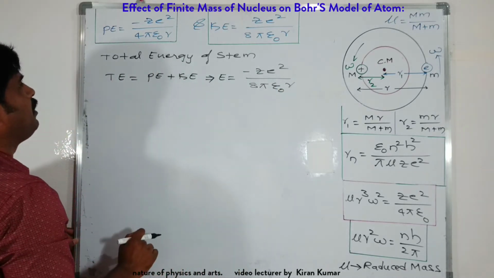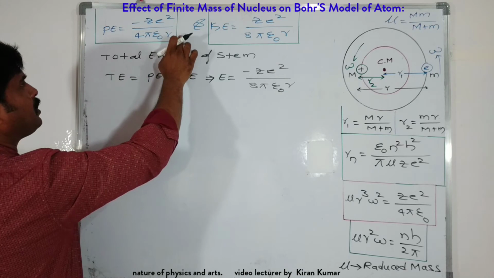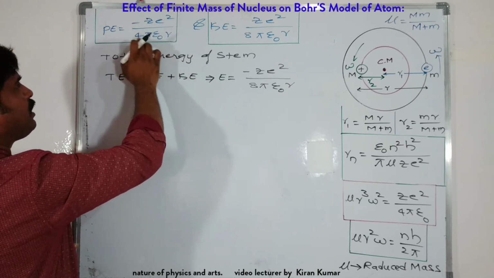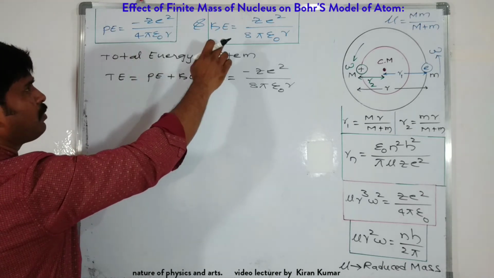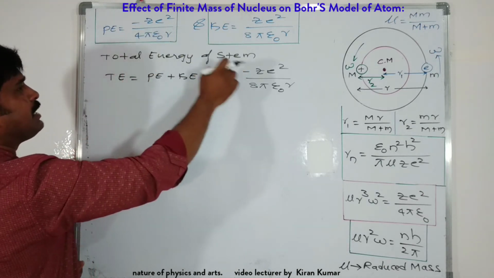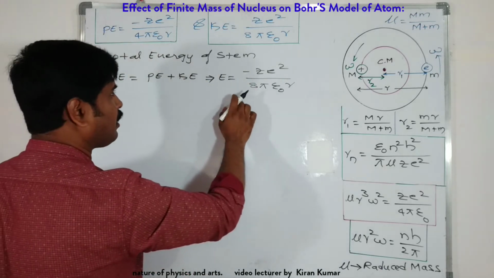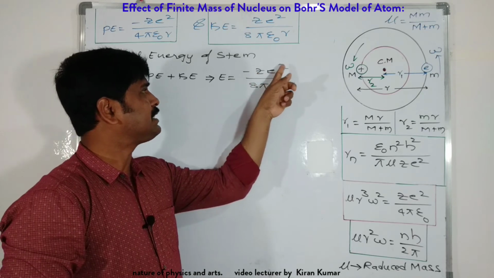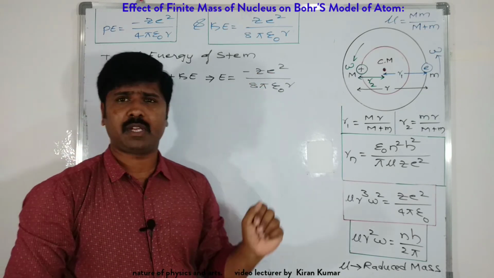Here multiplying and dividing with 2, that is minus 2 Z e square divided by 8 pi epsilon naught into r, that is added. So plus minus 2 is minus. So we got total energy E equal to minus Z e square divided by 8 pi epsilon naught into r.